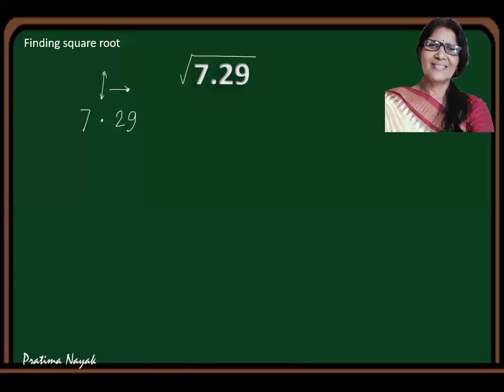From the decimal, after the decimal we make pairs going to the right side. And for the whole number we make pairs towards the left. So 29 is one pair, 7 is another pair.